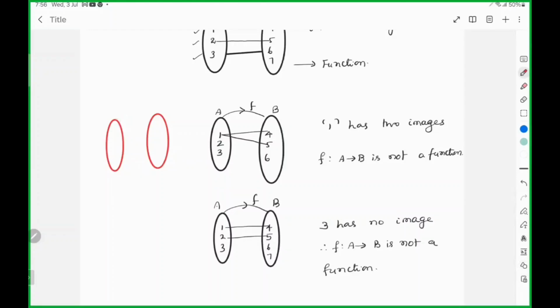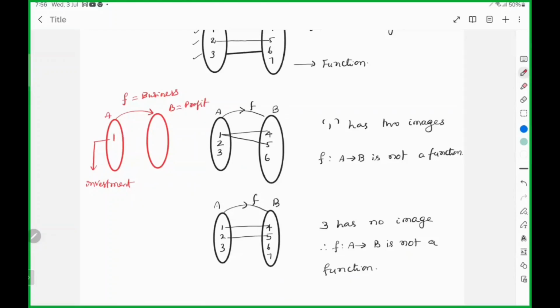Activity means I'm taking this function as a business. So here is the input, an investment, and B is either profit or loss.